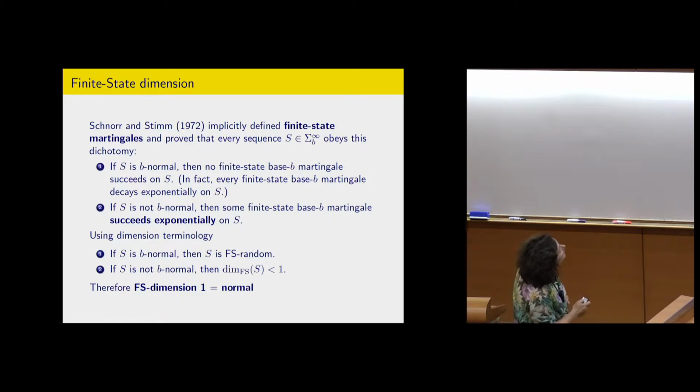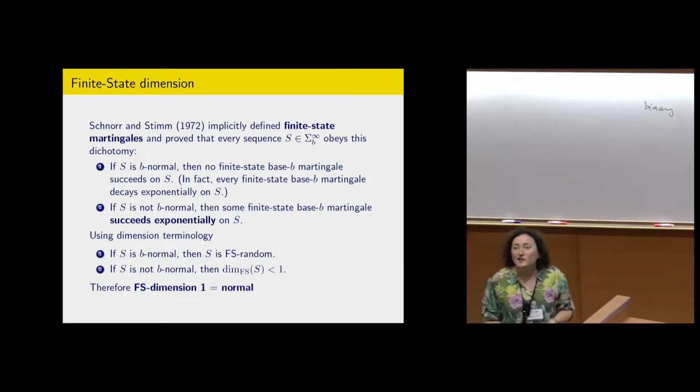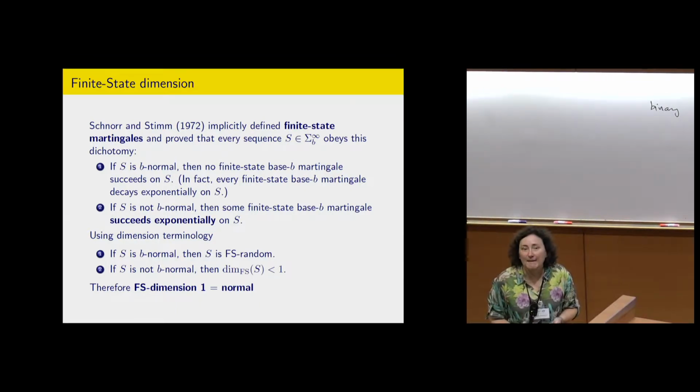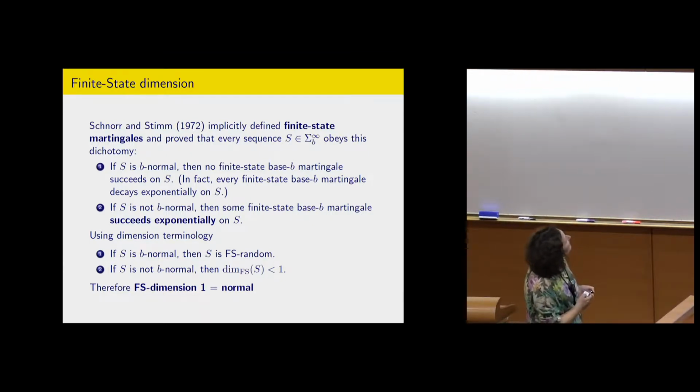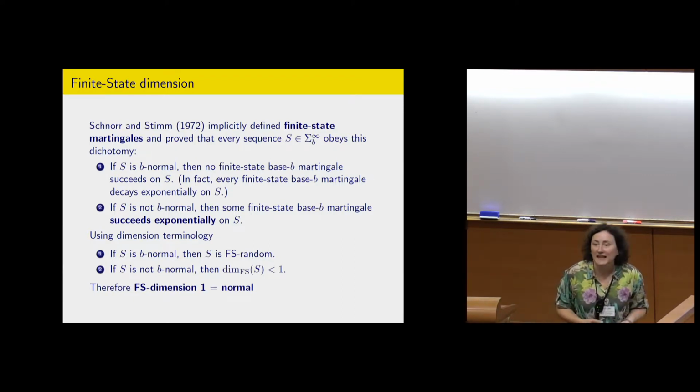But if it's not B-normal, then the finite-state dimension is less than 1. So this is what is really convenient for us if we want to construct normal sequences quickly: the properties they have make them easier to detect.